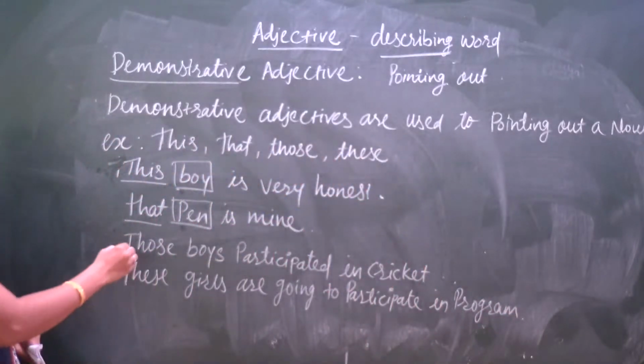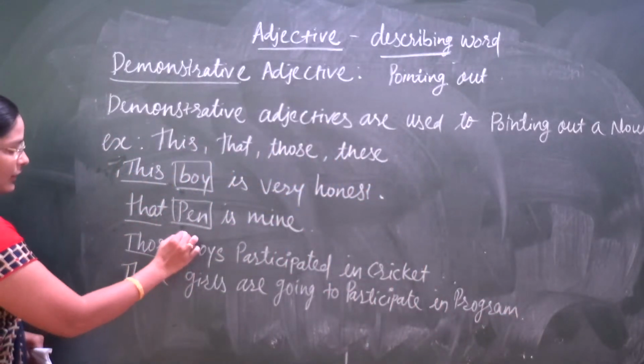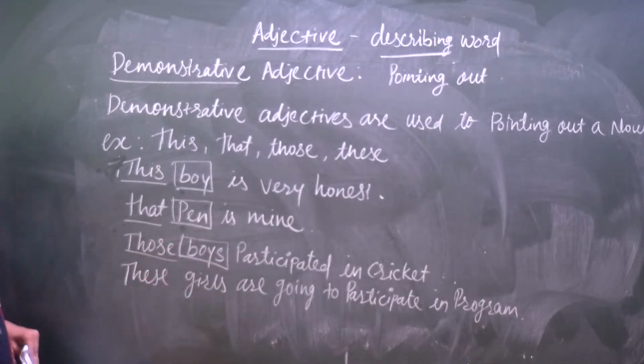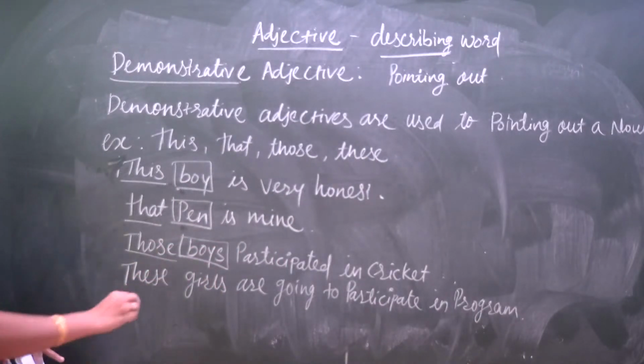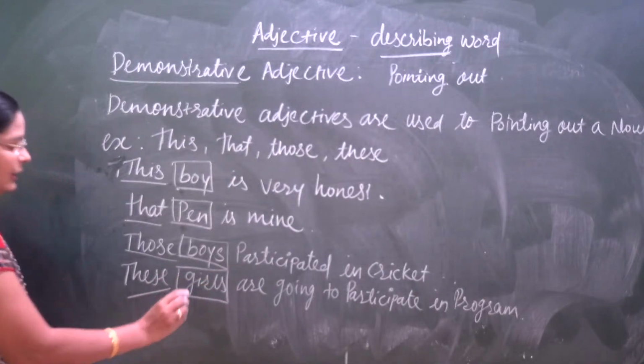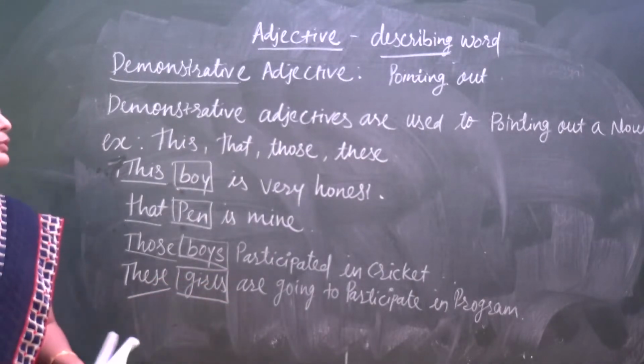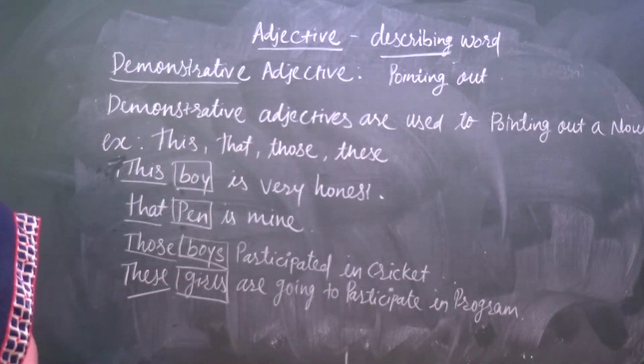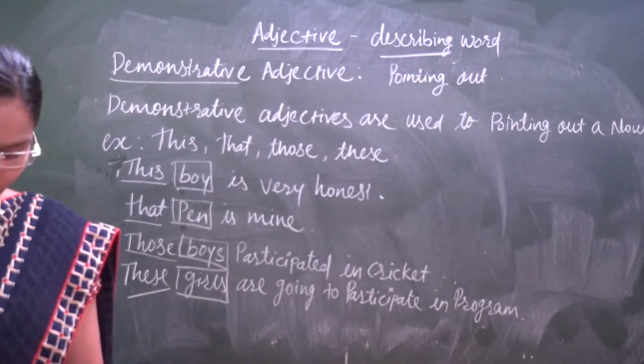So here, in those boys, the word those is pointing out the noun boys. In these girls, the word these is pointing out the noun girls. So this is all about the demonstrative adjectives.